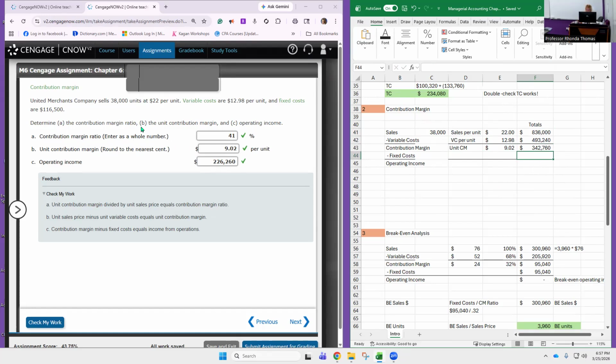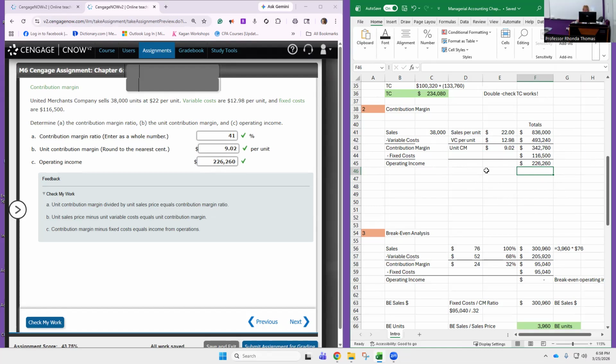They gave us 116,500 that we need to cover and then some, and whatever's left over after we've covered our fixed costs is operating income.